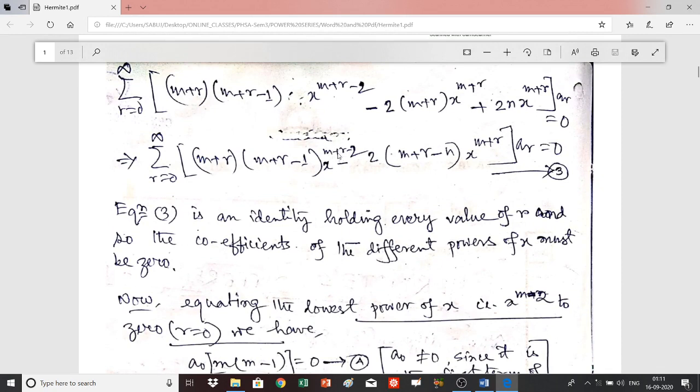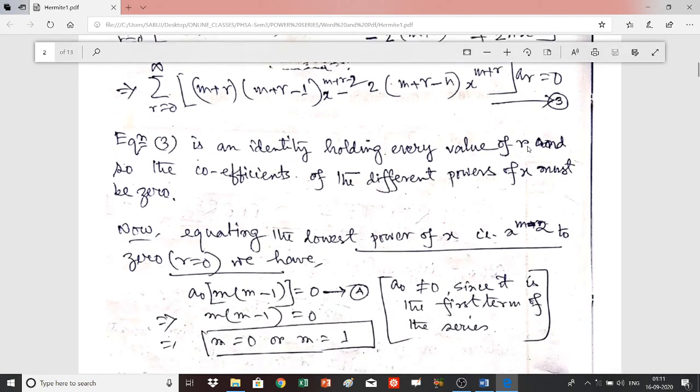If you replace r by r plus 2, then m plus r plus 2 minus 2 will vanish, and you will have x to the power m plus r. So from here you have m plus 2, and from here m plus 1.